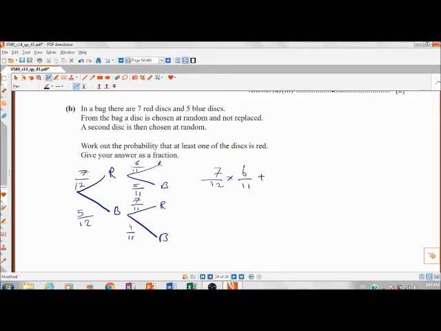You picked red in the first one and red in the second one. And then the second, red and blue, which is at least one red. That also meets the condition. 7 over 12 times 5 over 11, plus blue and red, that also meets the condition. The last one, blue blue cannot, so that's all.